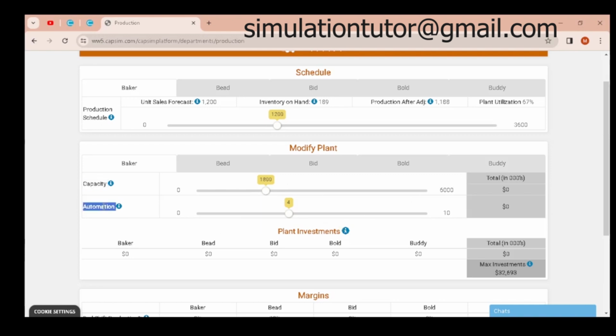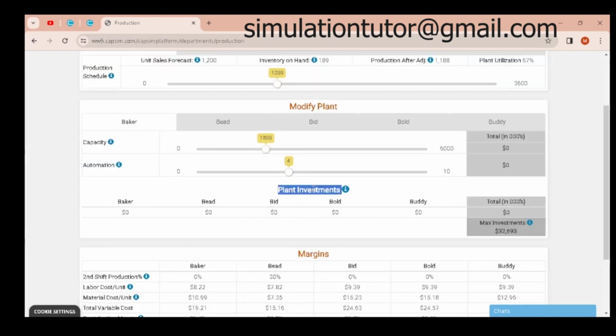We also have automation. Also, you can still choose to sell automation or to reduce automation, or also you can choose to increase automation. Then you have the plant investments. Now, whenever you make the decisions here, they'll be reflected here. In case you sell capacity for the first product, which is Becca, you will see a value come in.